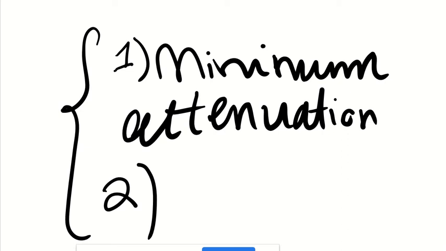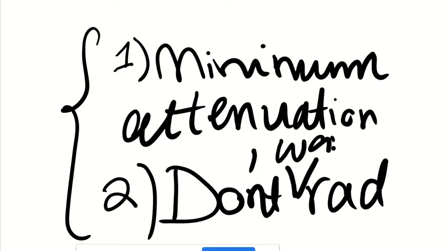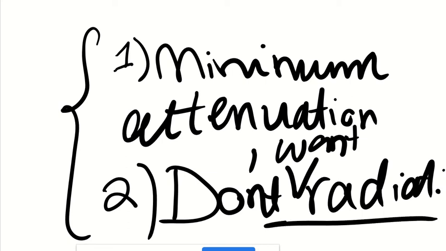Does that mean it's giving off radiation, radio energy? So the way that it's designed, you don't want radiation of radio energy. Okay, so that's what they focus on when they want to design transmission lines.